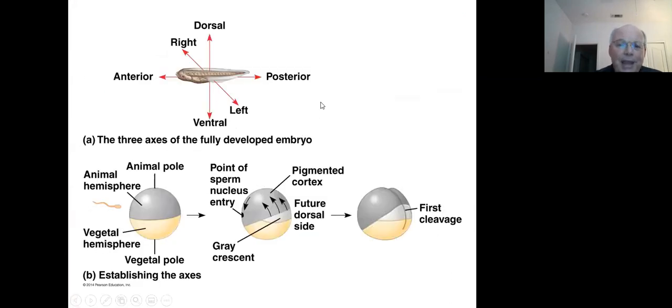So here is, again, something that has been demonstrated by Spemann's lab and some of his early work. Again, we've talked about what happens when the sperm enters into the egg cell. We already have the anterior-posterior axis established by the orientation of the animal hemisphere and the vegetal hemisphere.